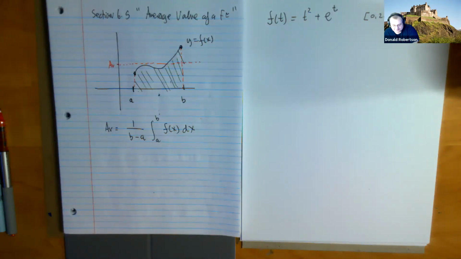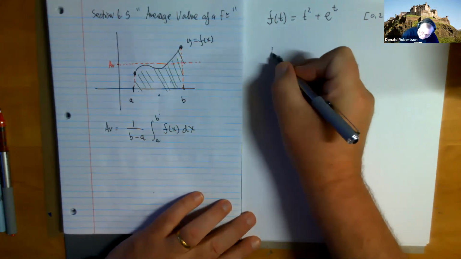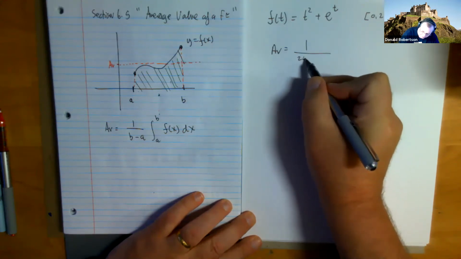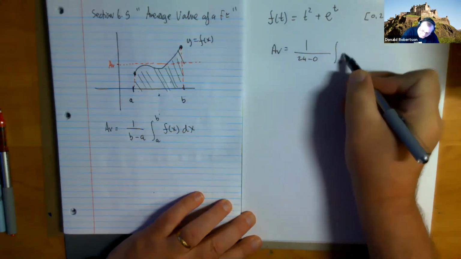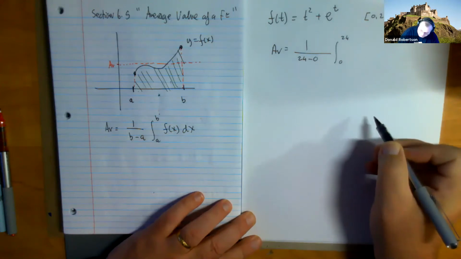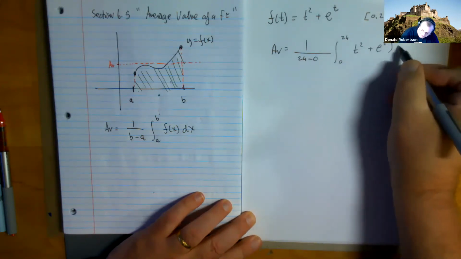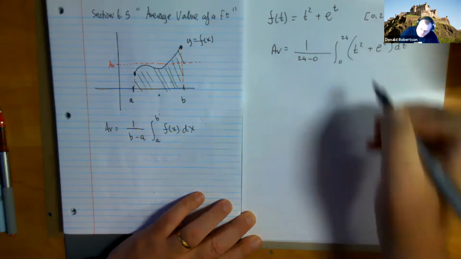And this particular place isn't on the Earth. It's on Mercury or some place that is extremely hot. So here goes. The average value is 1 over 24 take away 0, the integral from 0 to 24 of t squared plus e to the t dt.